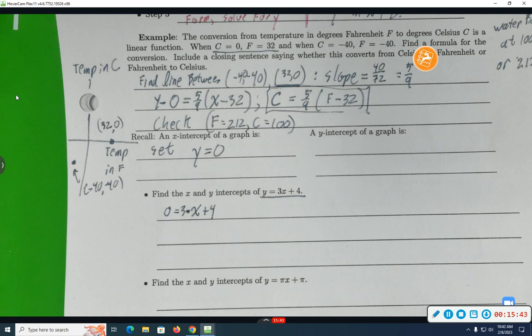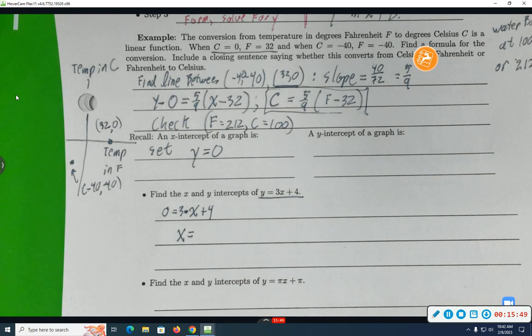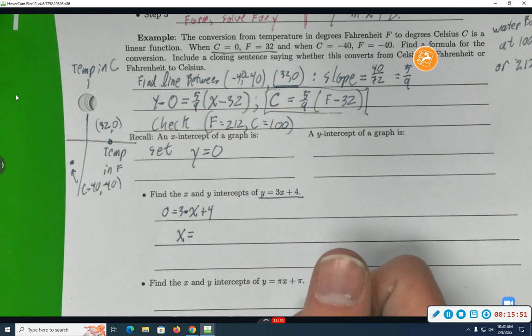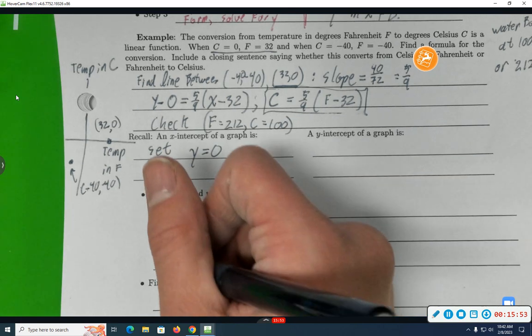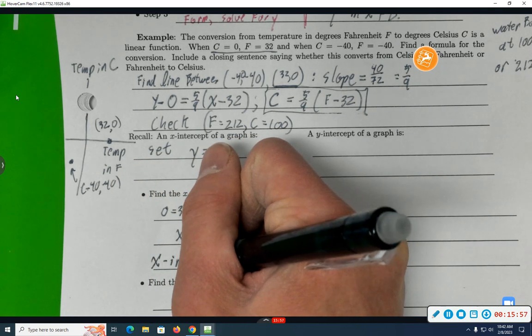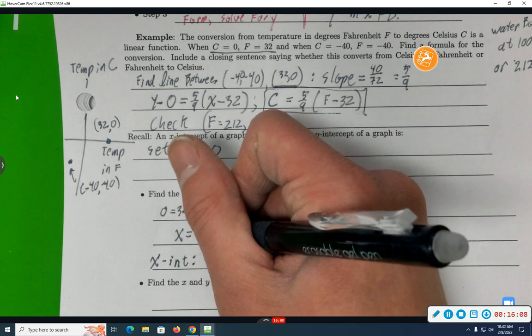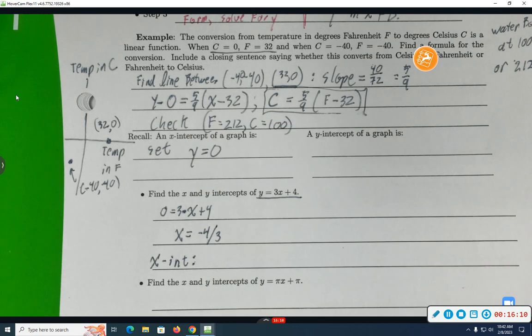Then I'm going to wait a second, and you'll tell me what happens when you solve for x. What do you get? Negative 4 over 3, do you agree? All right, so that's the x-coordinate of the x-intercept.